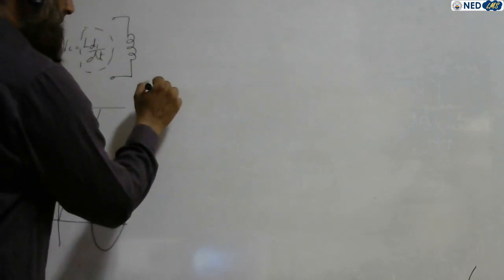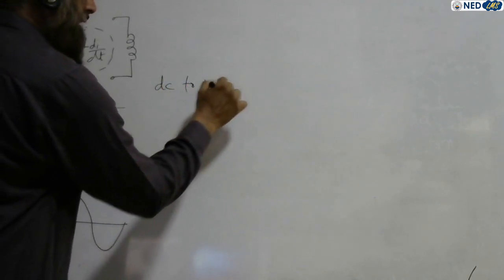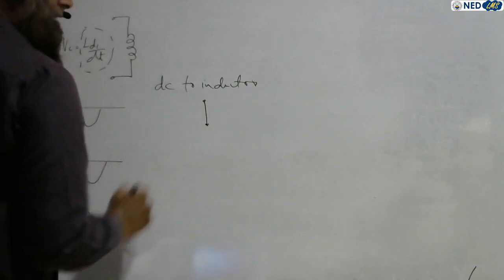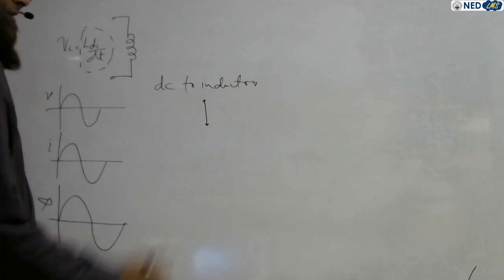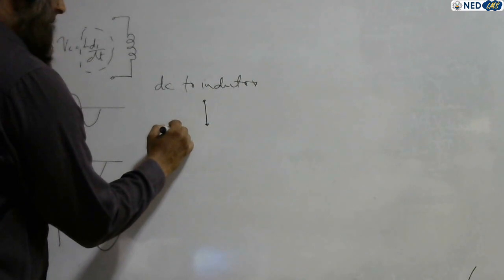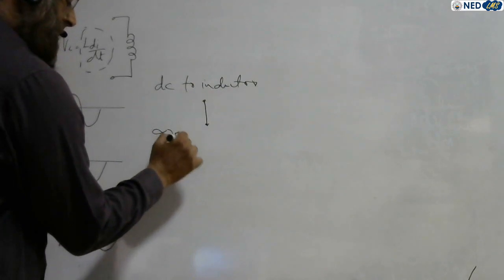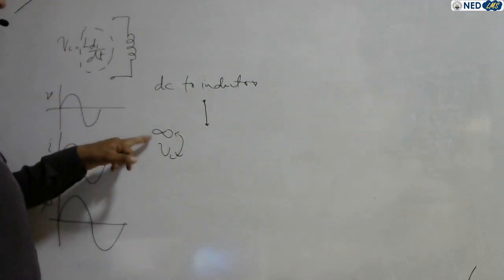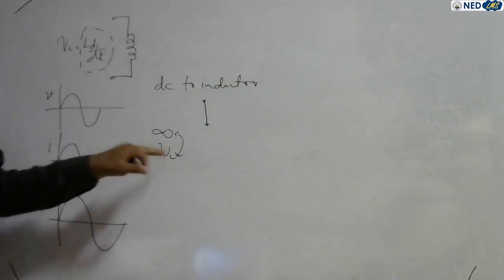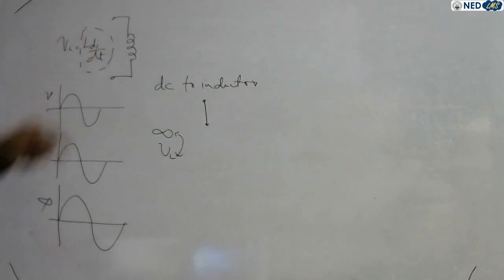If you want an abrupt change, if you give DC to an inductor, it behaves like a short circuit. Because if you want to change the inductor current in zero time, you have to have infinite voltage at the inductor terminals, and that is impossible. So that is why the inductor opposes the change in current.